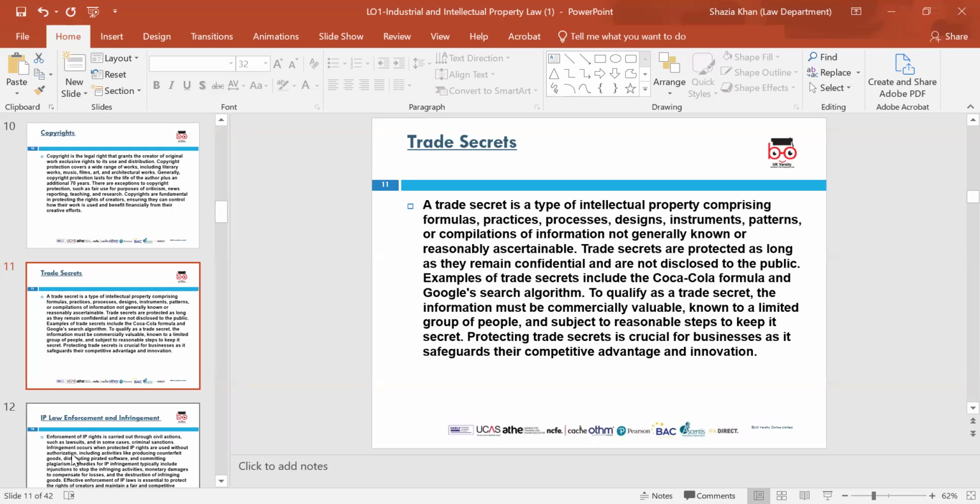Another popular one that comes to mind is the KFC recipe. Is that a trade secret? Yes, it is, because they have hidden the secret of how they cook the chicken and the outside batter of the chicken. So it's quite interesting to look at different trade secret examples.